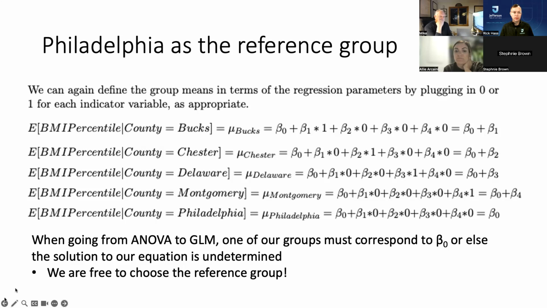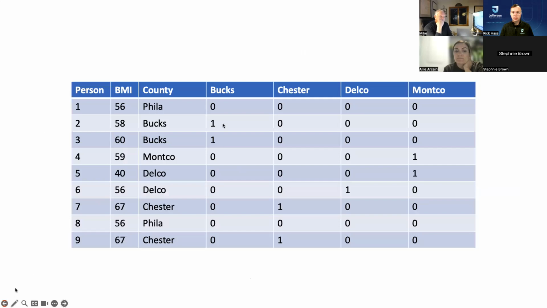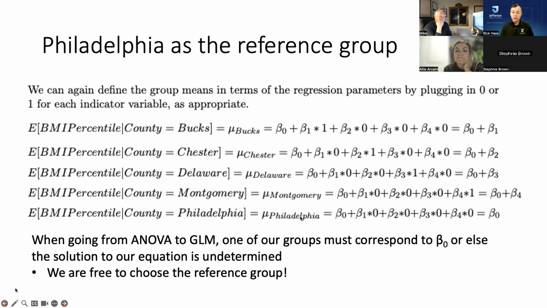It has 0 on all of the county indicators. And so the mean for Philly is represented just by the intercept by itself. And then as we did before, if we want the difference between Philly and Bucks, we take the appropriate differences there.